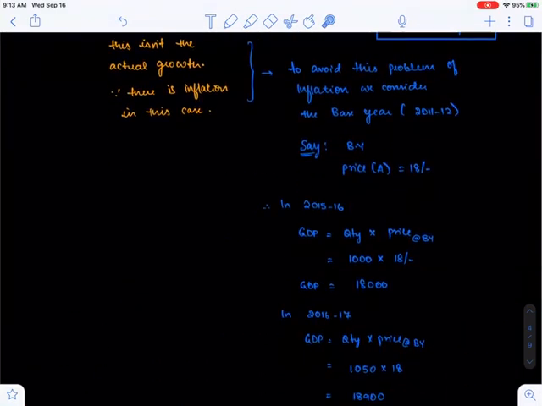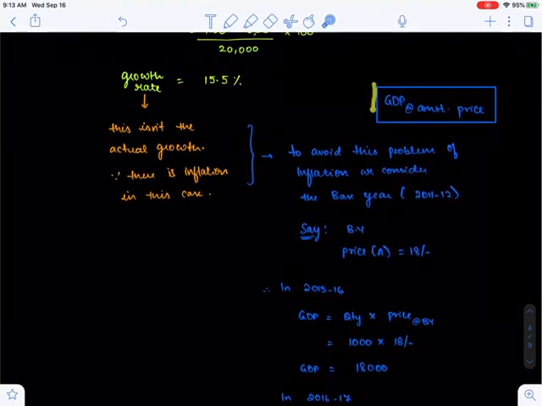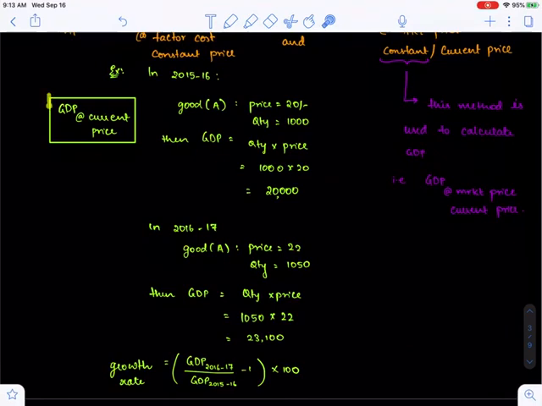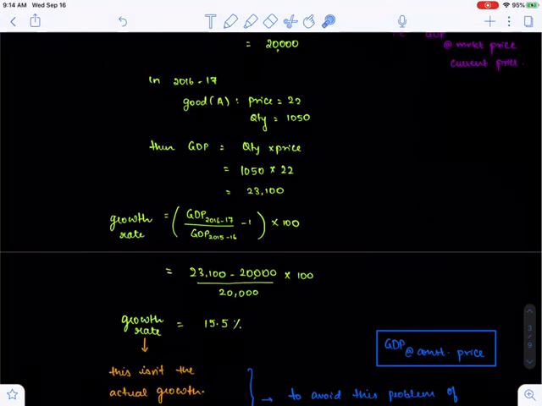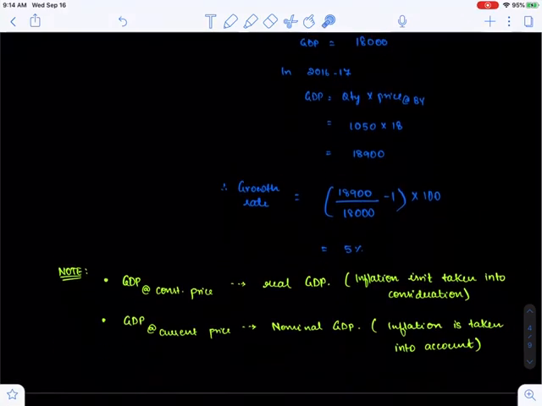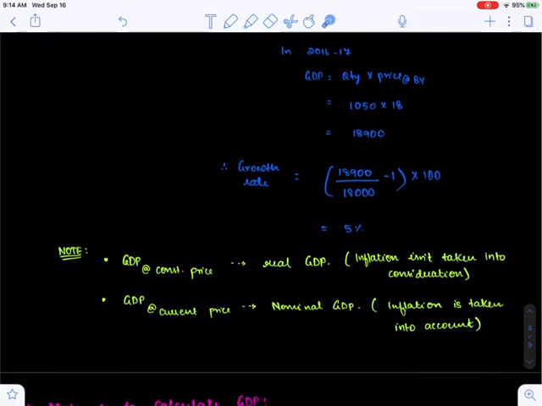So the GDP, when calculated based on the concept of base year, will be considered as the GDP at the constant price, and the GDP when calculated taking into account the inflation, that is the current prices and all, then we consider it as the GDP at the current price. I hope you have understood the concept of GDP at constant price and the GDP at current price.